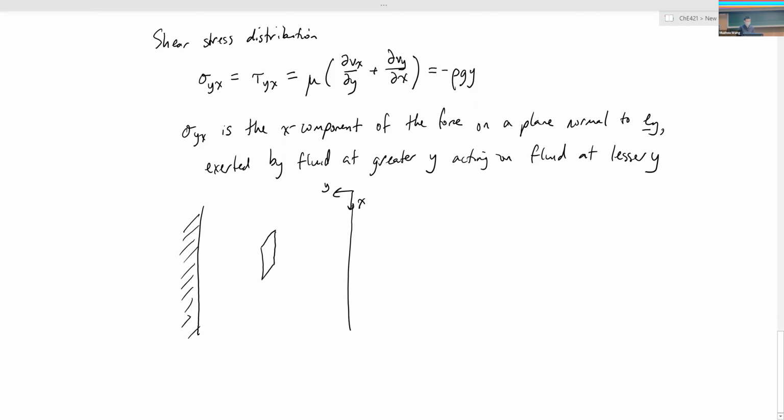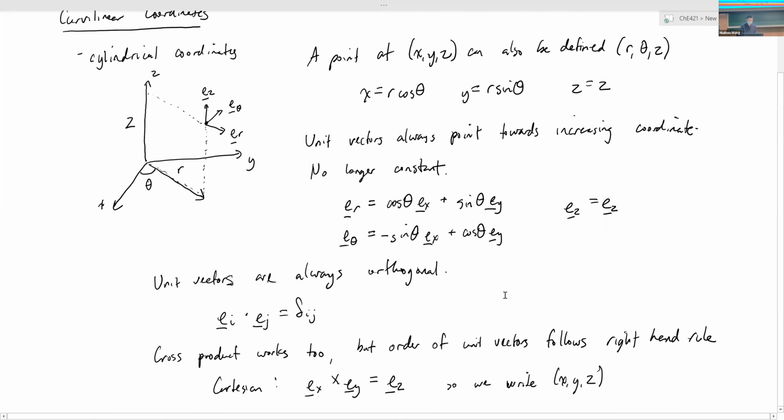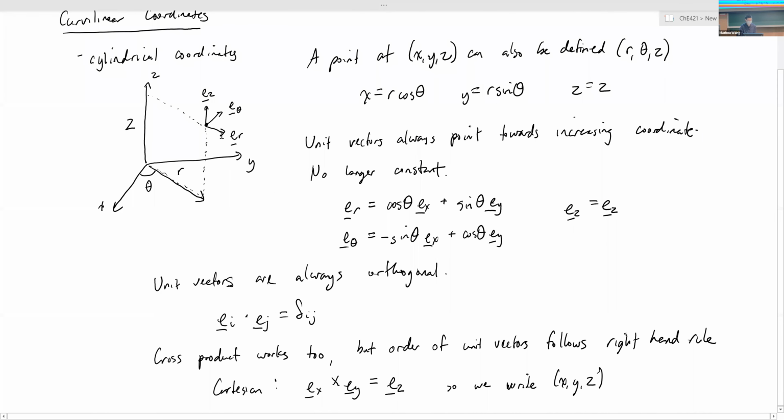And so that's why when I write a point here, I always write it as X, Y, and then Z. In this diagram right here, perhaps you can see that ER cross E theta is equal to EZ.